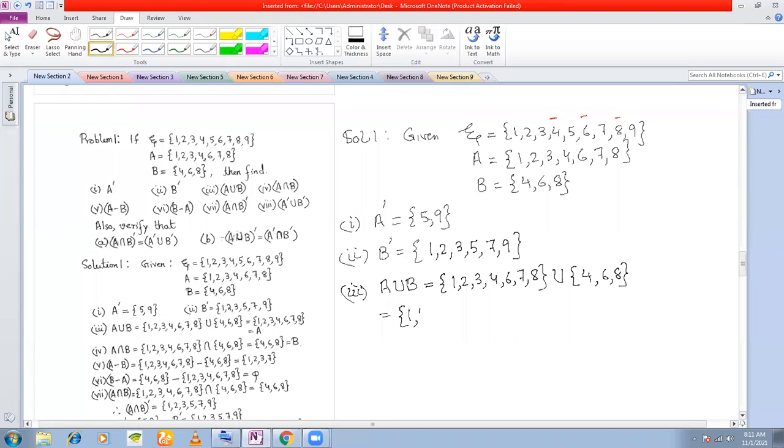So you have 1, 2, 3, 4, 6, 7, and 8. So I've taken each element of A or B or both, right? So if you see 4, although 4 is there in both the sets, I've written it only once. Similarly for 6 and similarly for 8. Okay. Any question on union of sets? No, sir.